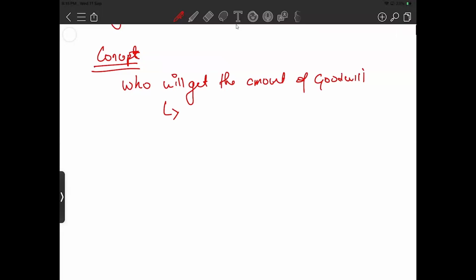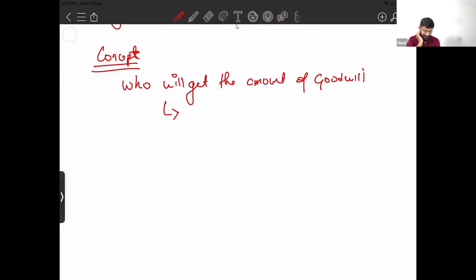Gaining partner. Who will get the amount of goodwill? The sacrificing partner or partners. Who will get the amount of goodwill?